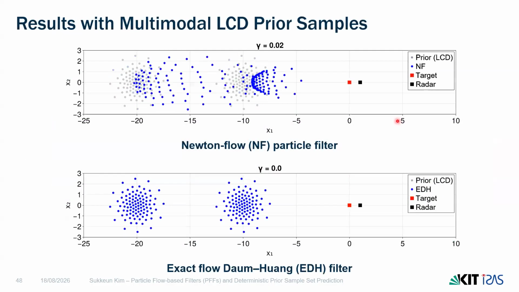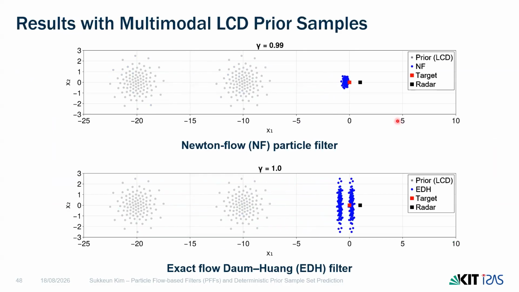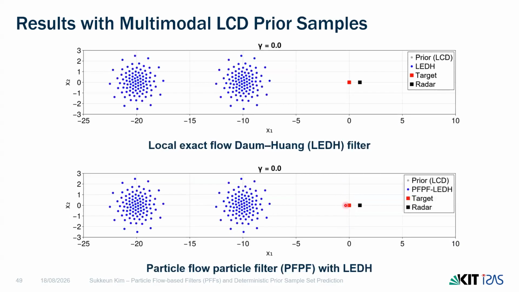The Newton flow filter looks okay. It didn't really form a slightly tilted, banana shape, but it shows a slightly biased estimate. With EDH, the only problem was there was no flow in the X2 direction. The mean should be somewhere here, so the mean estimate is fine, but the problem is it didn't merge into one distribution.